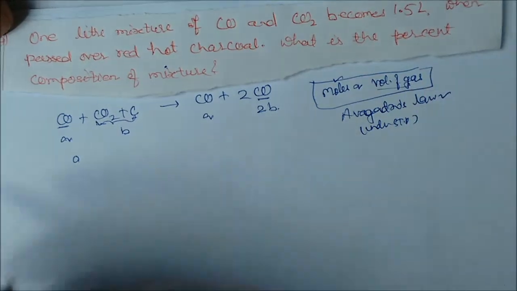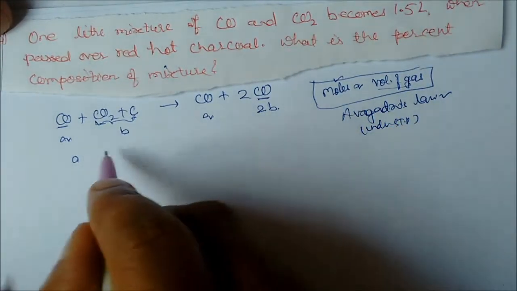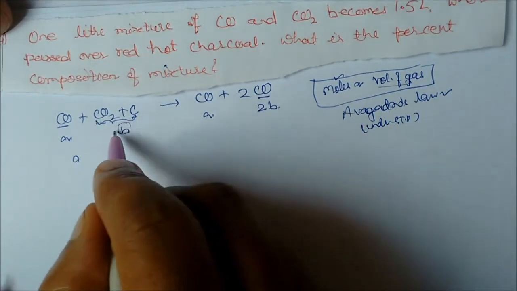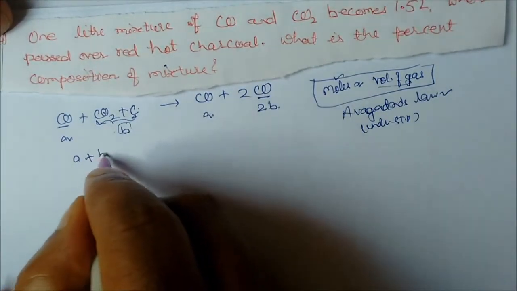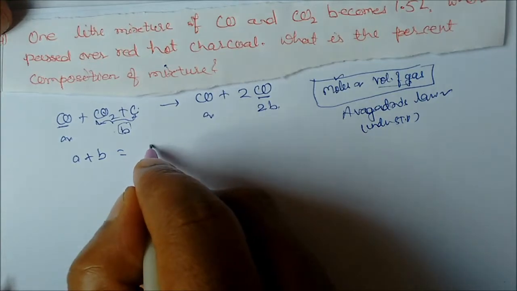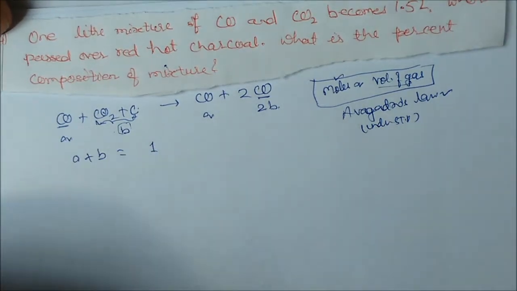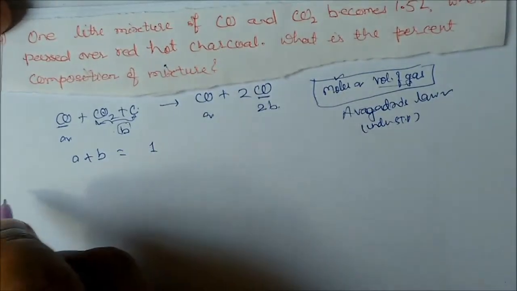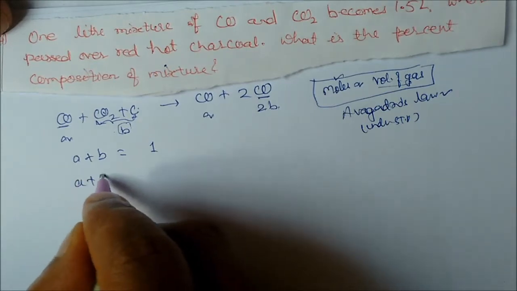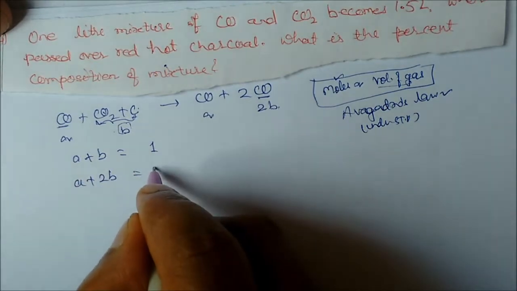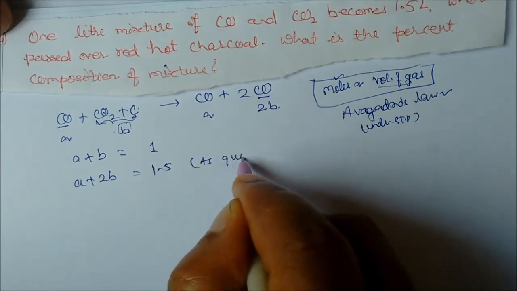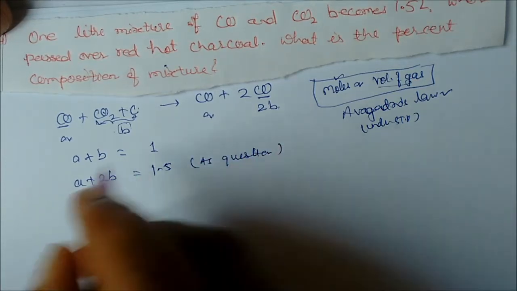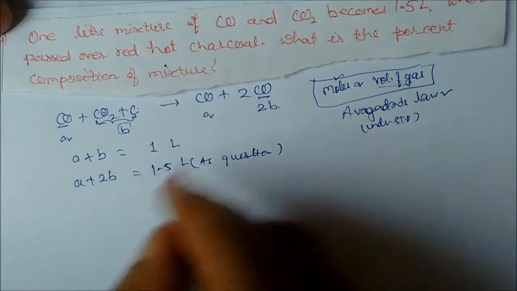So the volume of the gas is 1.5 liter. B becomes 2B moles. So A plus B is equal to 1 mole, and A plus 2B is equal to 1.5 moles, as in the question.